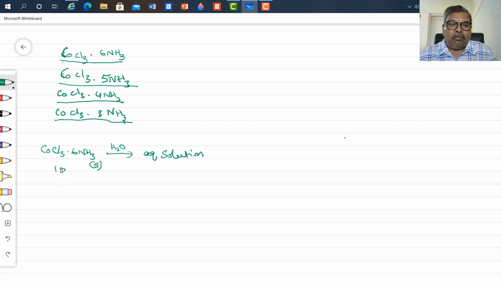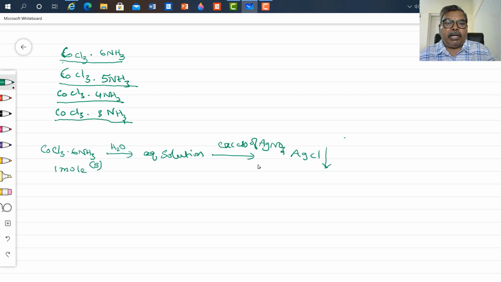Treat this as 1 mole of the compound, and this solution is treated with, very important, a large excess of AgNO3 solution, and he got AgCl precipitate. From gravimetric experiments, he got 3 moles of AgCl precipitate here.